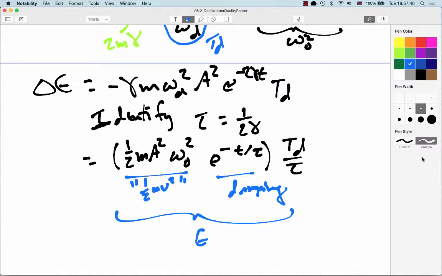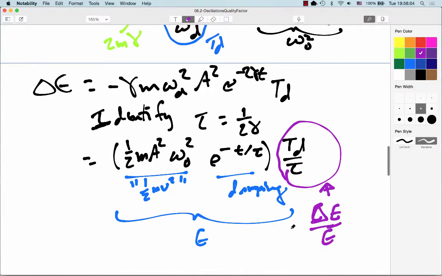Okay, so what do we get out of this bit right here, the TD over tau? Well, we observe that this is the change in energy over the energy itself. So in other words, this is the percentage rate at which we're losing energy.